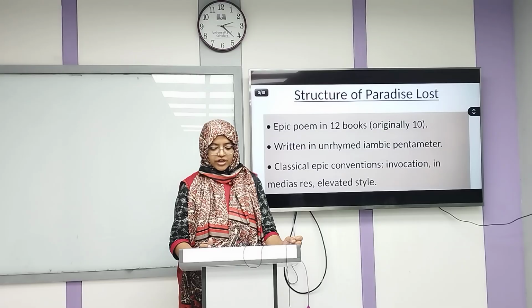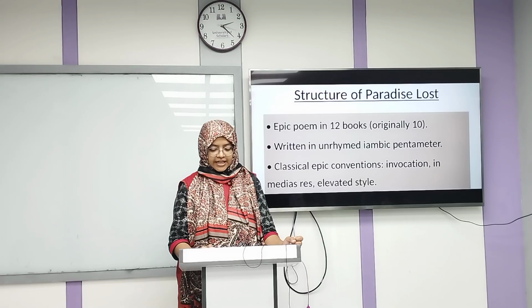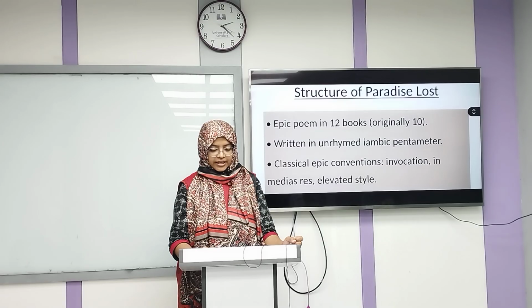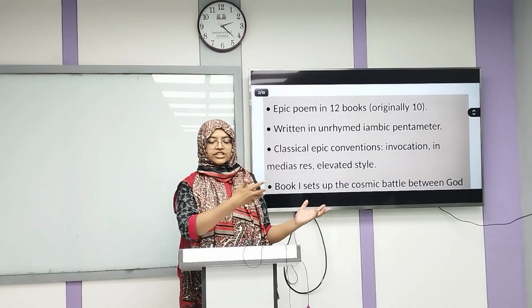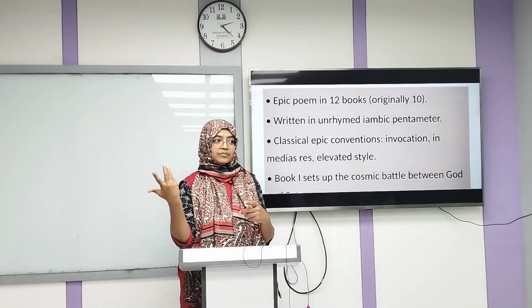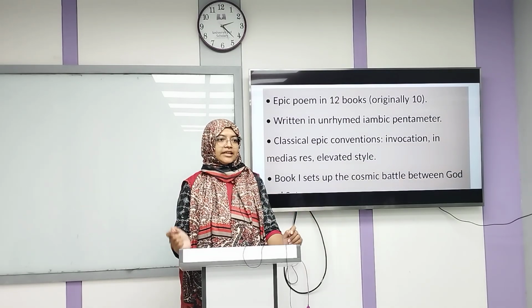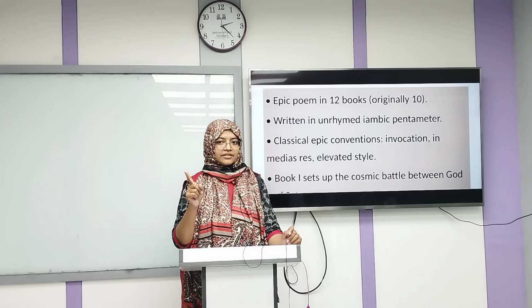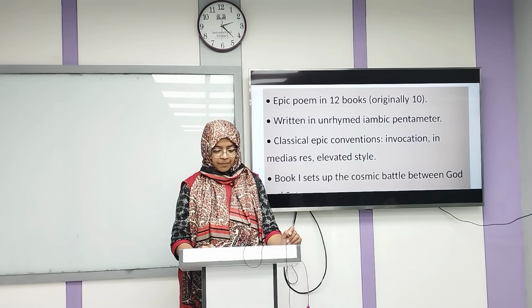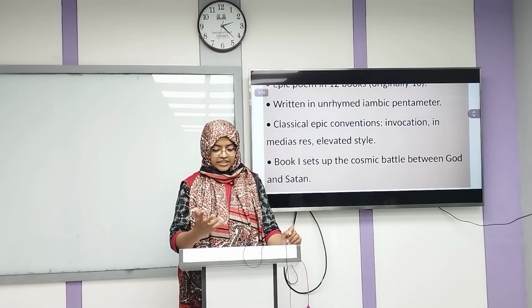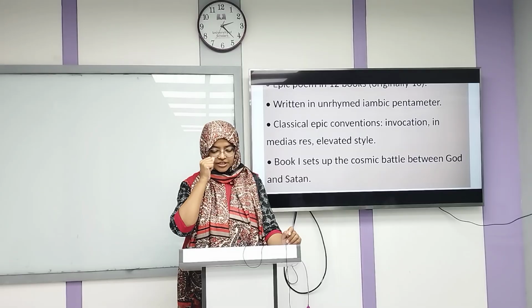Now moving on to the structure of Paradise Lost. It's an epic poem in 12 books, originally 10. The first publication, remember, in 1667. It consisted of 10 books. It's written in unrhymed iambic pentameter.